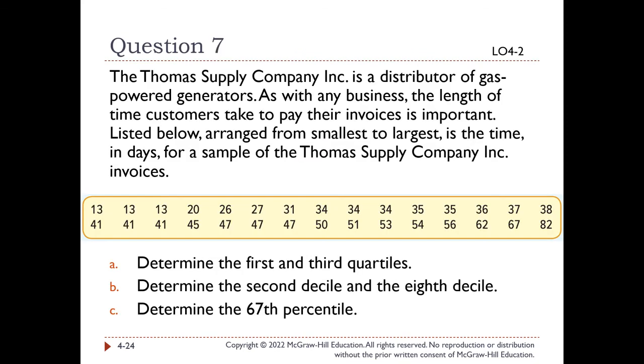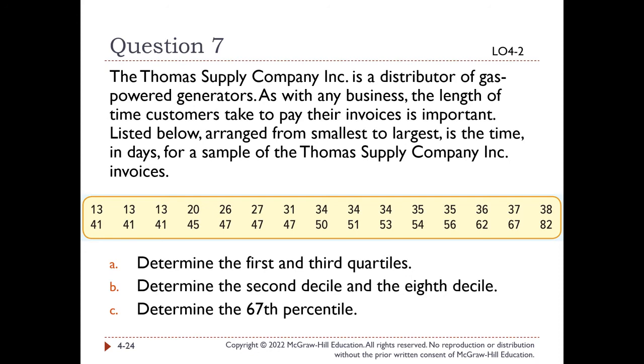All right. Next, the Thomas Supply Company Incorporated is a distributor of gas-powered generators. As with any business, the length of time customers take to pay their invoices is important.